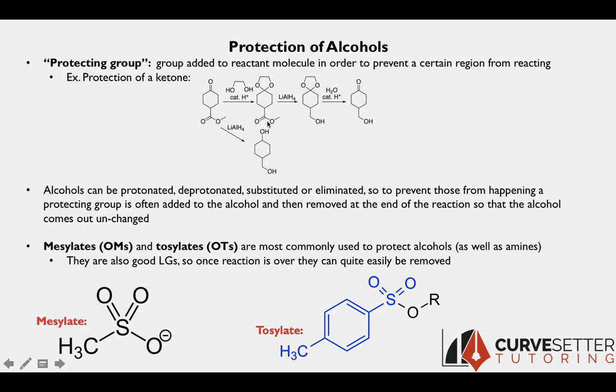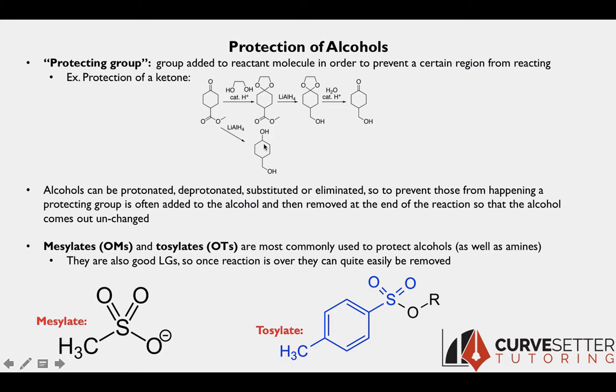So what I mean by that is look at this example here in which we have the protection of a ketone. So LiAlH4 we know is a very strong reducing agent. If we added LiAlH4 to this molecule here, it would reduce not only the carboxyl group to an alcohol, but it would also reduce the carbonyl, the ketone, to an alcohol.